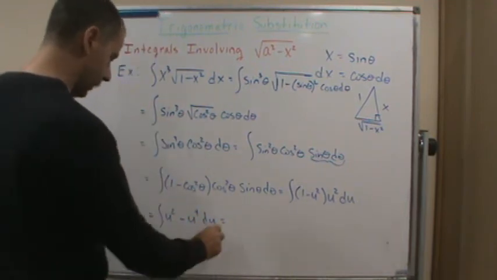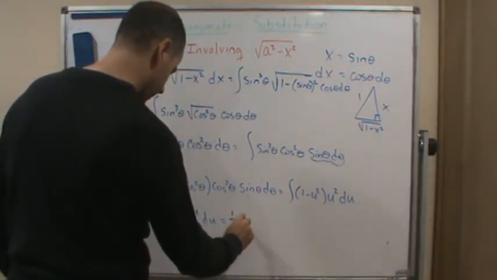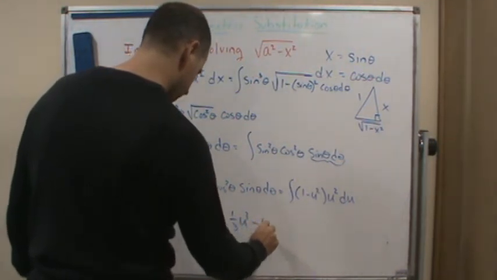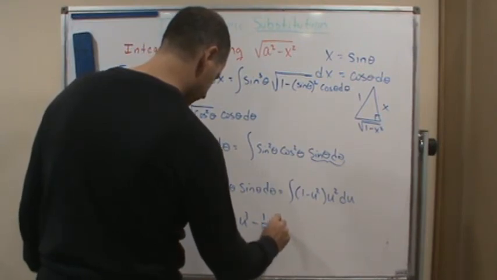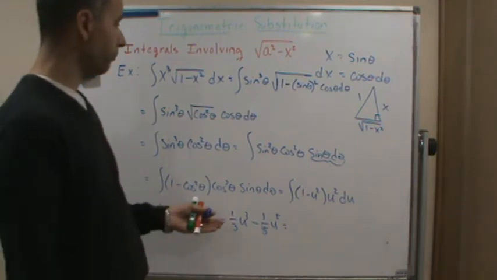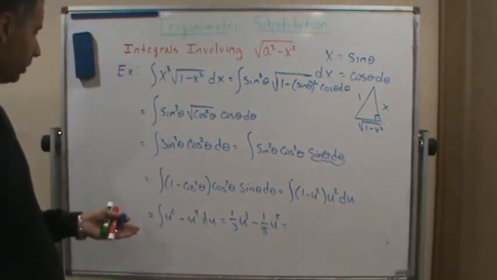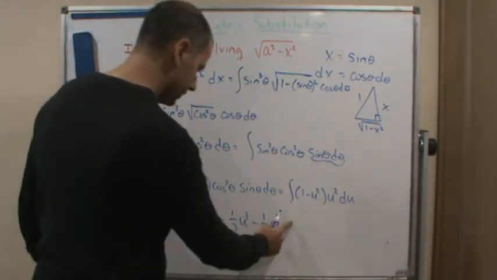And of course, if I integrate this, this becomes 1/3 u to the third minus 1/5 u to the fifth. And then of course, if I put back in for u, plus c.